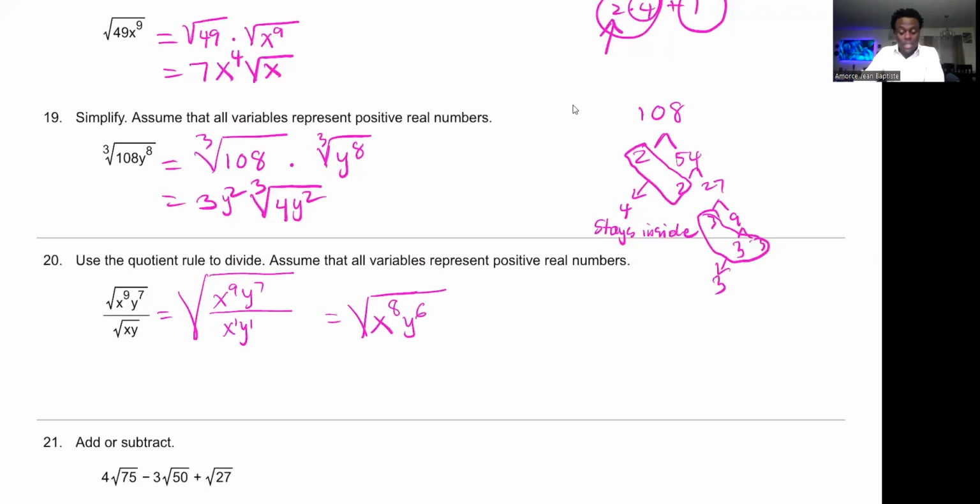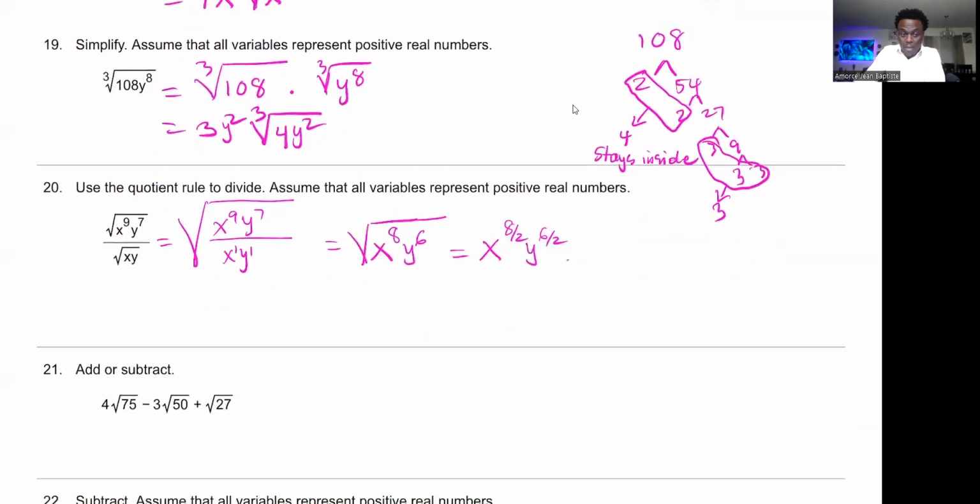And then since we have even exponents and the index is 2, then we can just divide the exponent by the index and have x to the power 4, y to the power 3, and that's it.